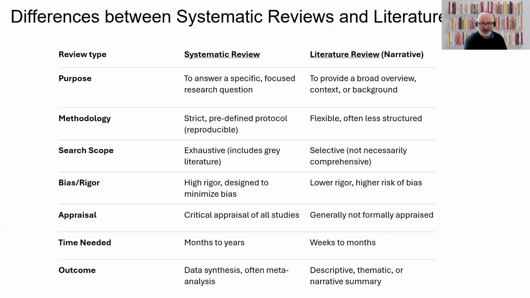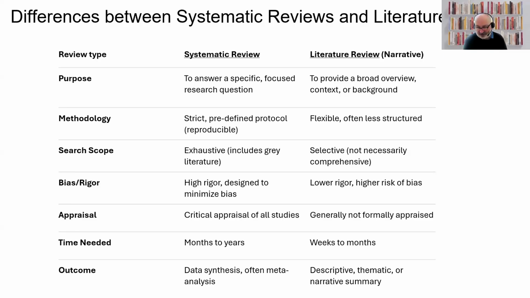When dealing with bias or rigor, a systematic review is very rigorous, and the process is designed to minimize bias. In a literature review, the rigor is less, and that comes with a higher risk of bias as well. In a systematic review, you critically appraise all of the studies, and in a literature review, you generally don't formally appraise the literature.